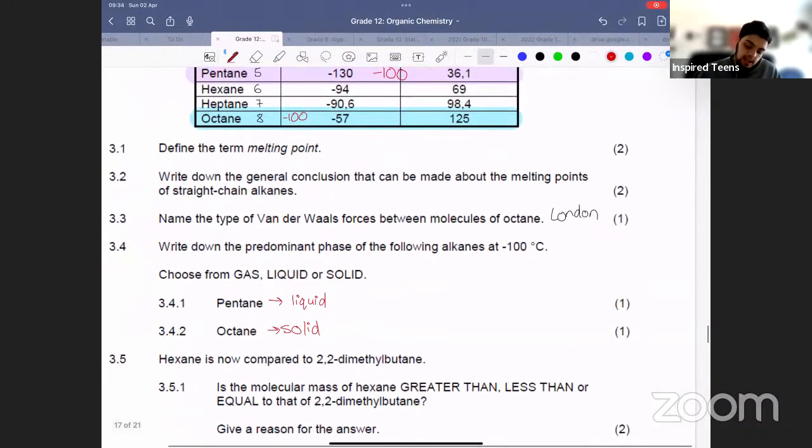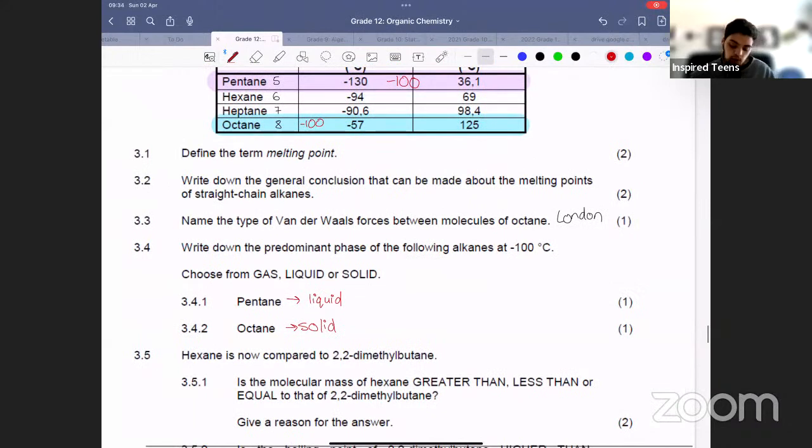3.5, hexane is now compared to 2,2-dimethylbutane. Is the molecular mass of hexane greater than, less than, or equal to that of 2,2-dimethylbutane?